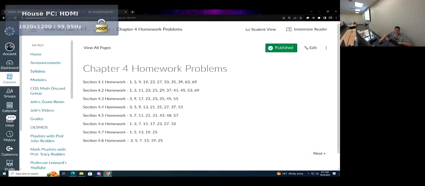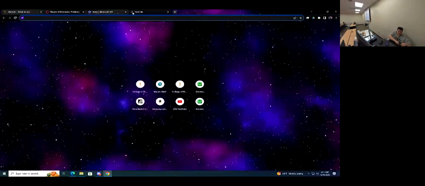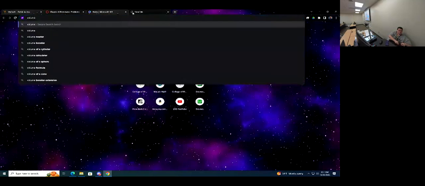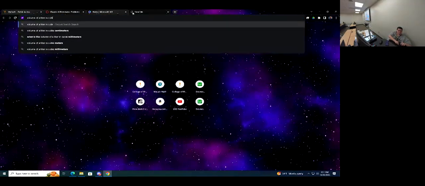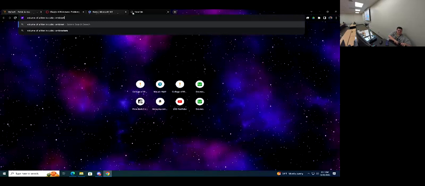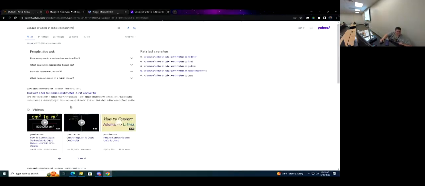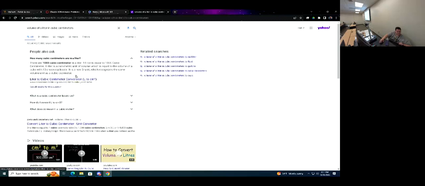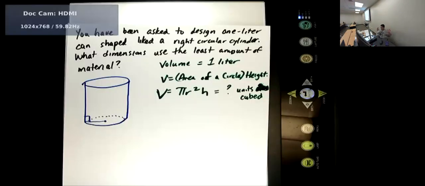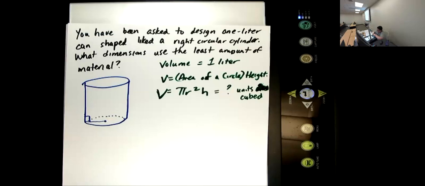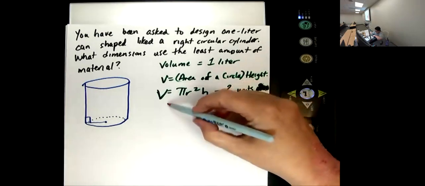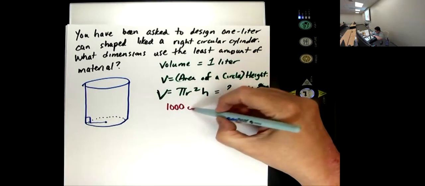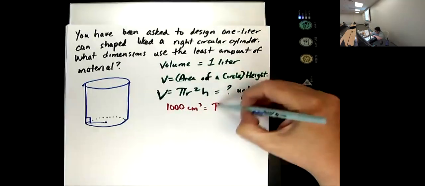Volume of a liter in cubic centimeters. Thousand. All right. So we know that this should be 1,000 centimeters cubed equals pi r squared h.